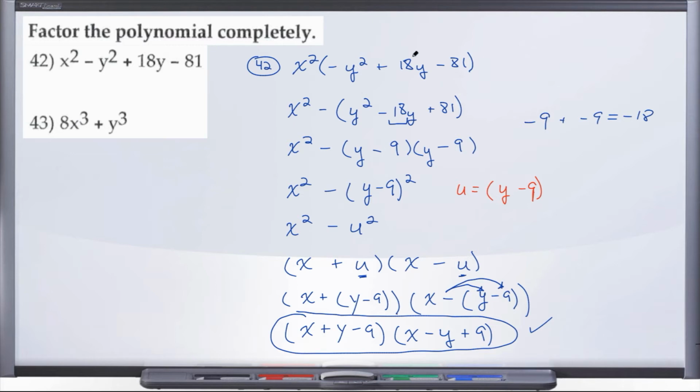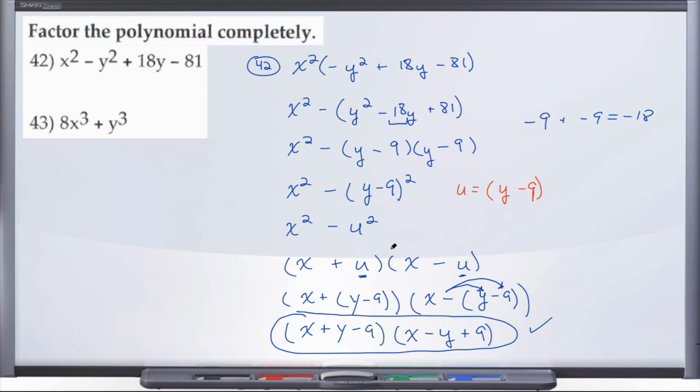Even if you tried to rearrange this, you'll just find that it becomes impossible to factor unless you recognize that you're dealing with a perfect square trinomial. And once you factor out that negative, it becomes nice. It's set up relatively nicely for us to go ahead and use u substitution and do the difference of perfect squares.